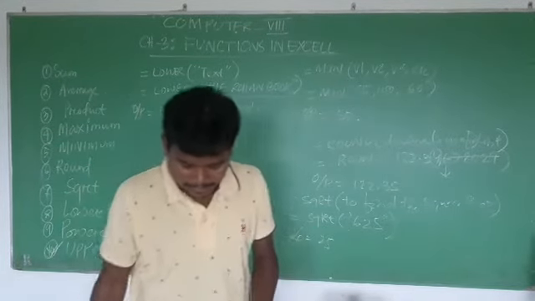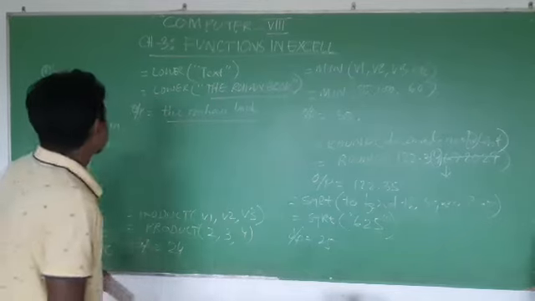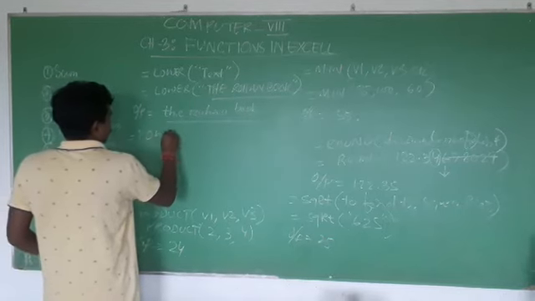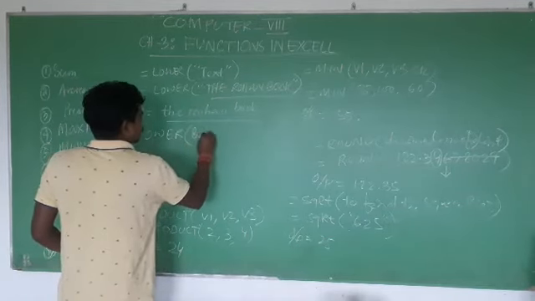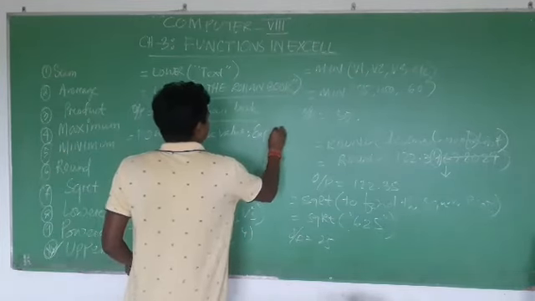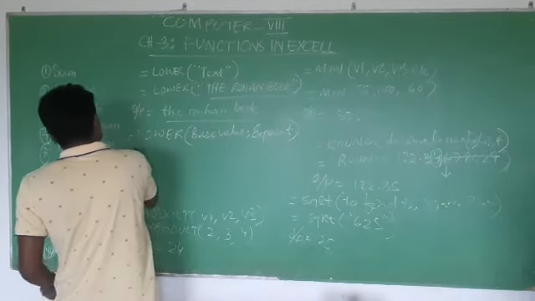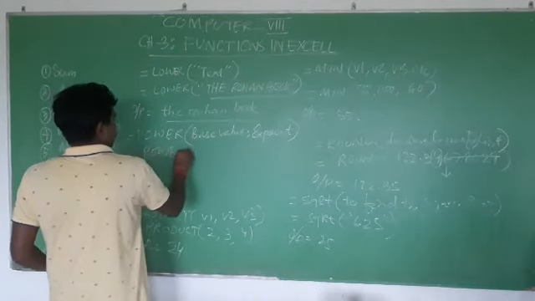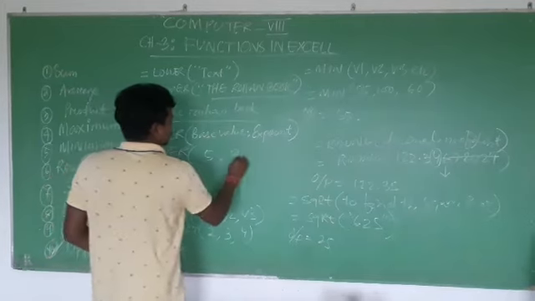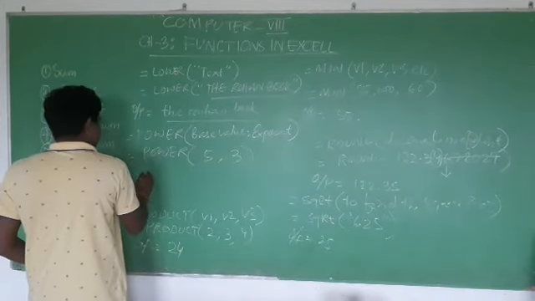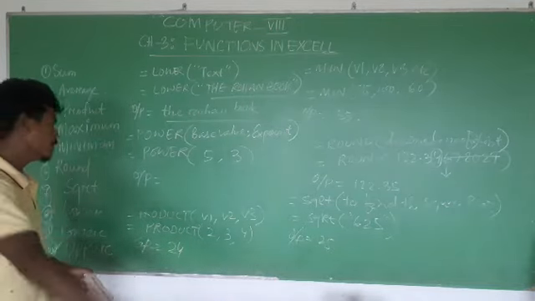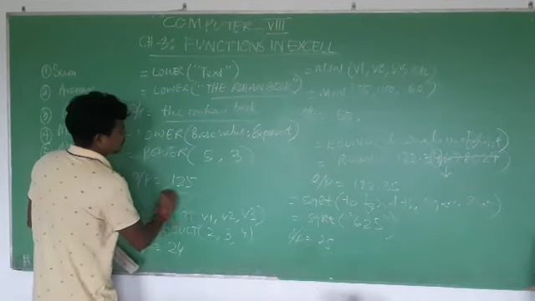Equals POWER, base value, and then exponent. Again power, put the value 5, exponent 3. Its output will be 5 to the power 3: 5 times 5 is 25, 25 times 5 is 125. 125 will be the output.